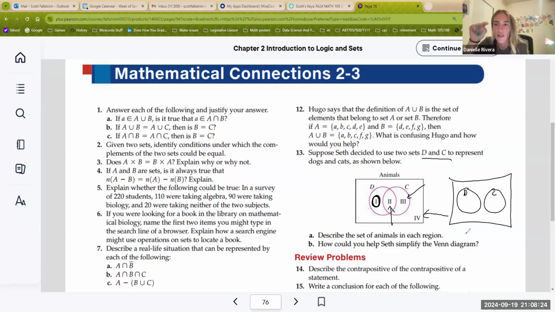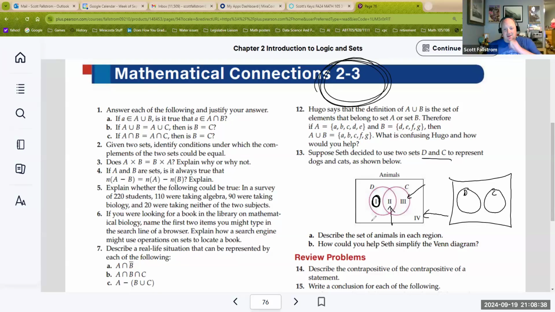This question was on the homework, specifically 2.3 homework. Yes. B was the one I was like, I don't know how to simplify that anymore. How could you simplify the Venn diagram? Well, first off, don't put in a region like this where nothing can possibly exist.